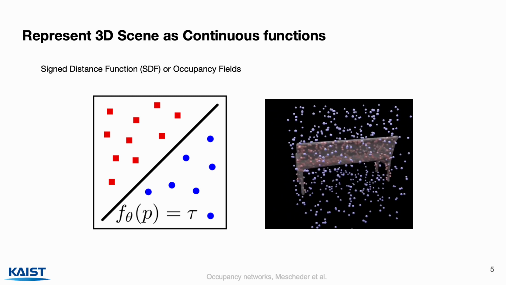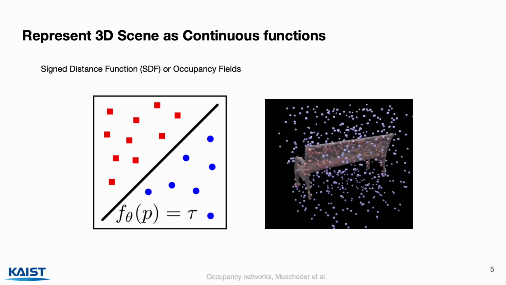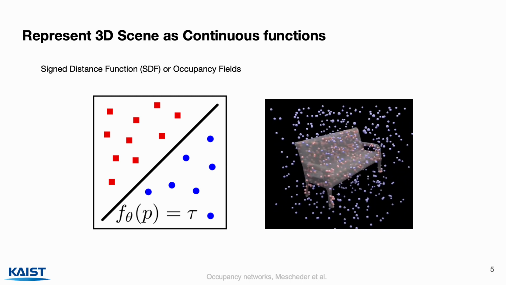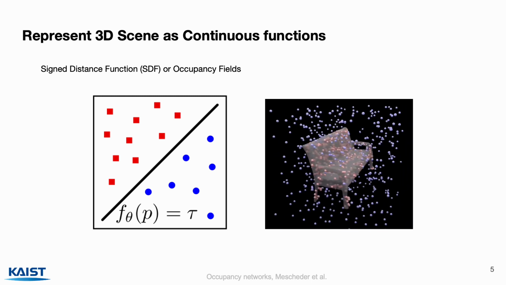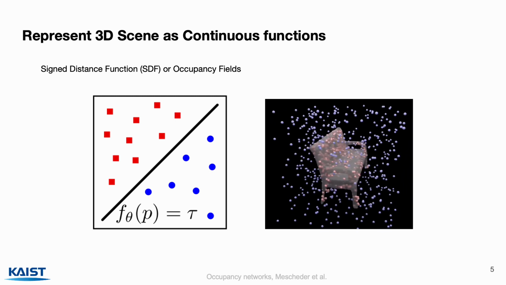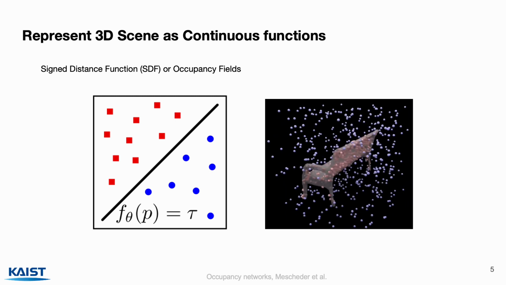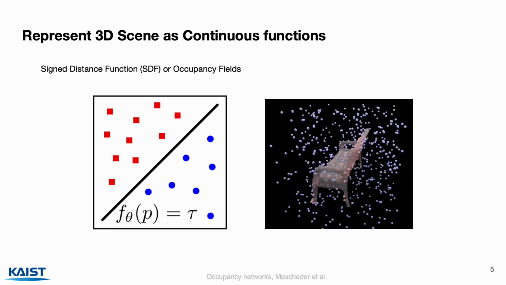So it is a very compressive representation because we can represent a very complicated scene with only a single MLP network, compared to other explicit ones, including voxels, mesh, or point clouds. However, it is quite difficult to optimize, so it requires a pipeline that stably optimizes the 3D scene in a proper manner.